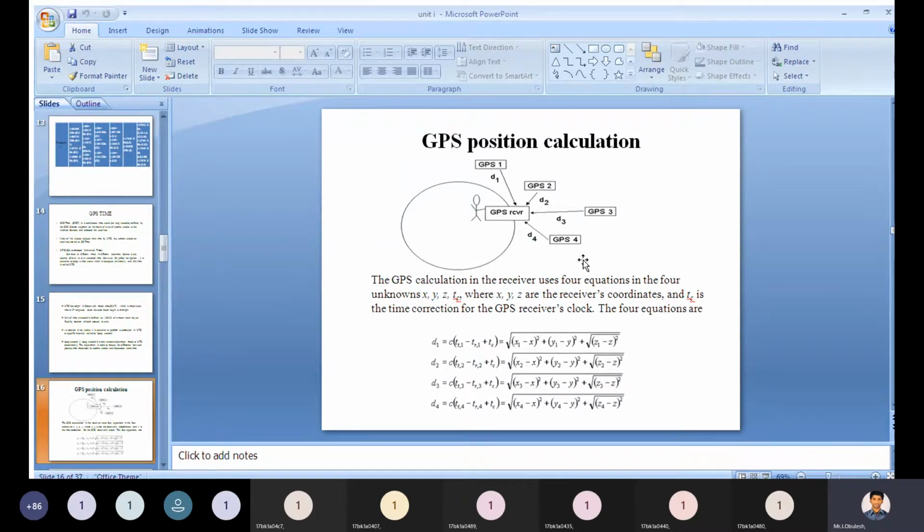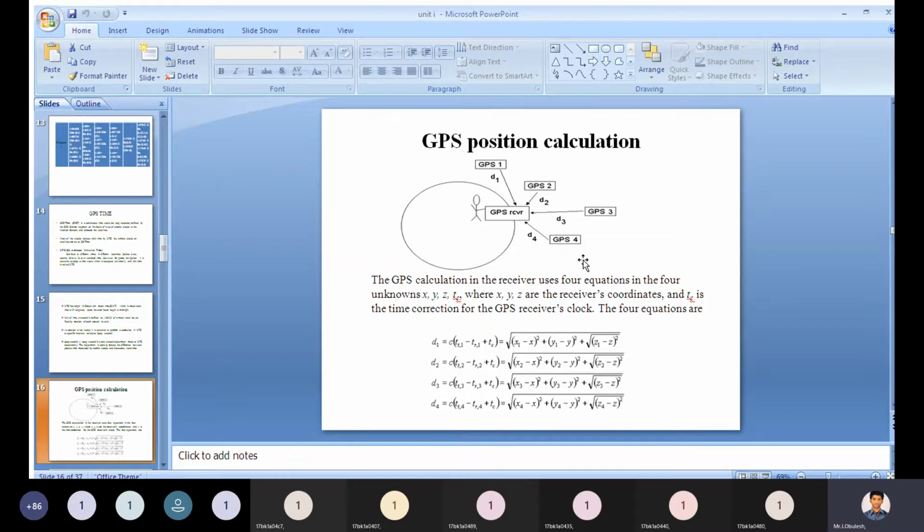Let us assume that you want to transmit information from a GPS transmitter to a GPS receiver through a satellite.